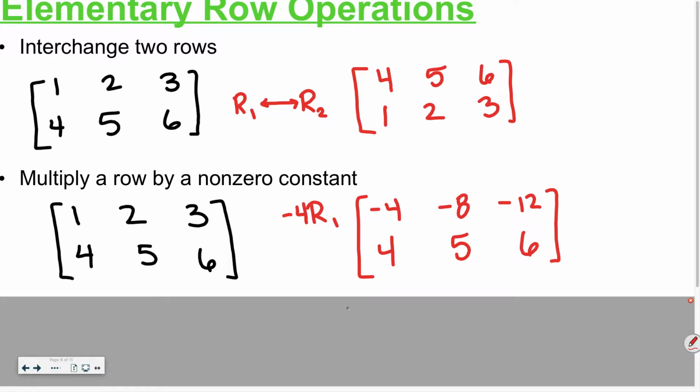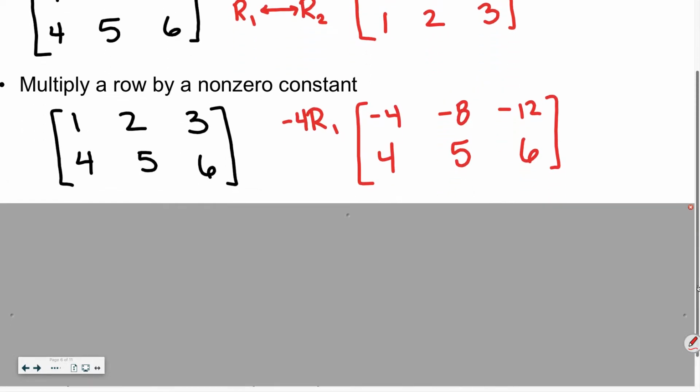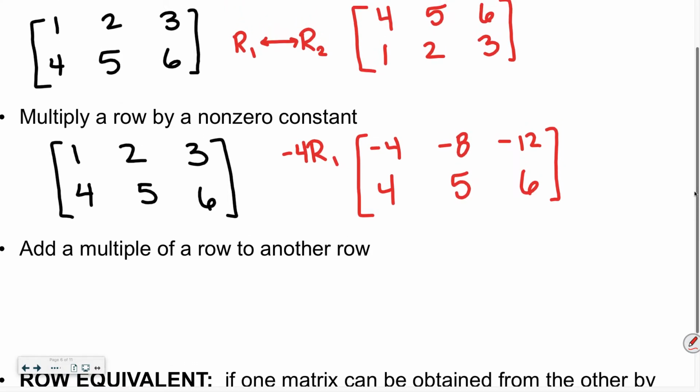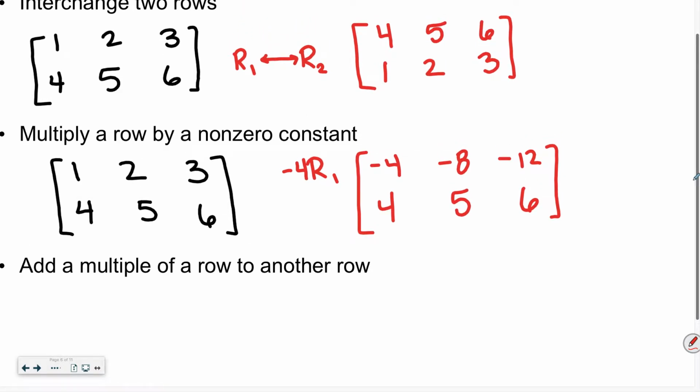Yes, if you are multiplying, you have to multiply the entire row, but you just do one row. Okay? You're multiplying the row. Okay? And our last operation is that we can add a multiple of a row to another row. So essentially we can add rows together, okay, whether it be a multiple or not.